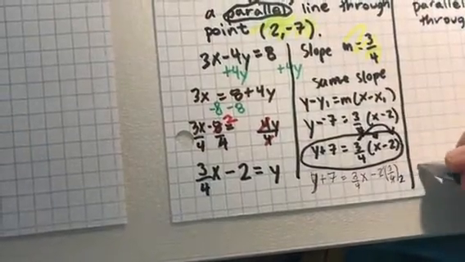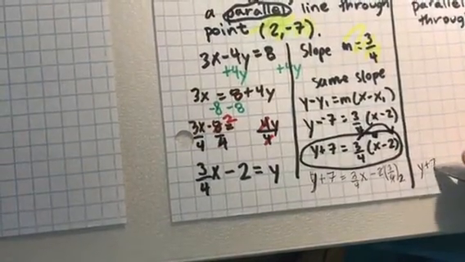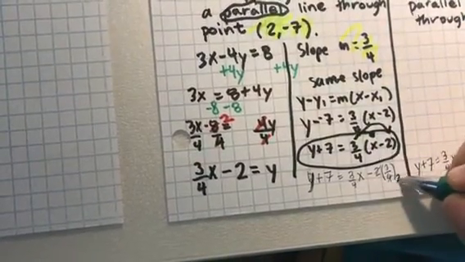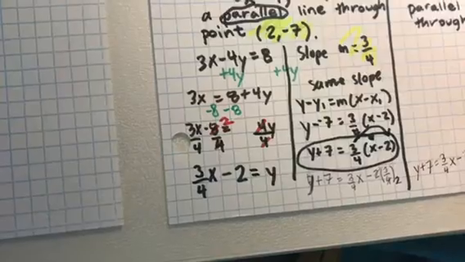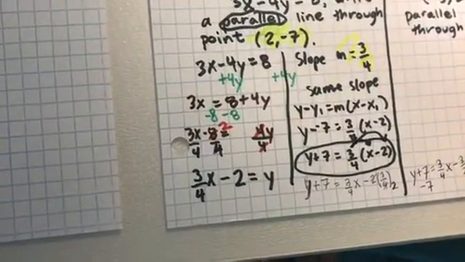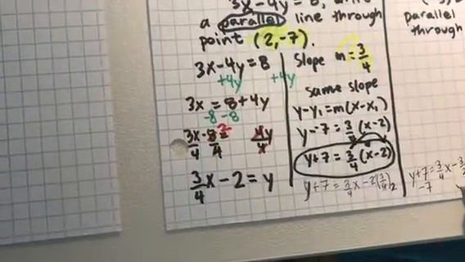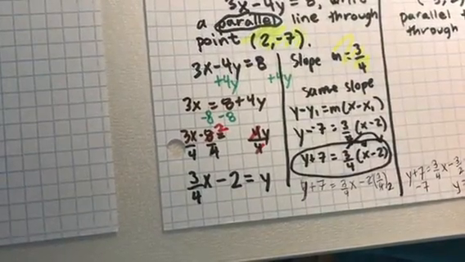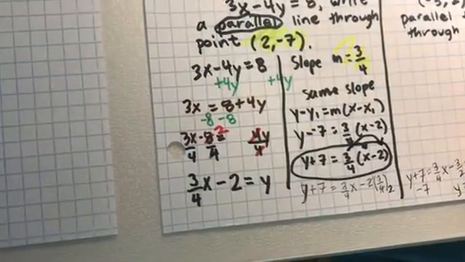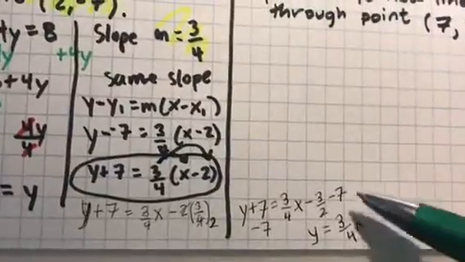So ultimately, when I rewrite this, y plus 7 equals 3/4 x minus, those canceled, so it leaves me 3/2. I have to subtract 7 on both sides, and I get y is equal to 3/4 x minus 3/2 minus 7. Wow, this one's taking me forever.